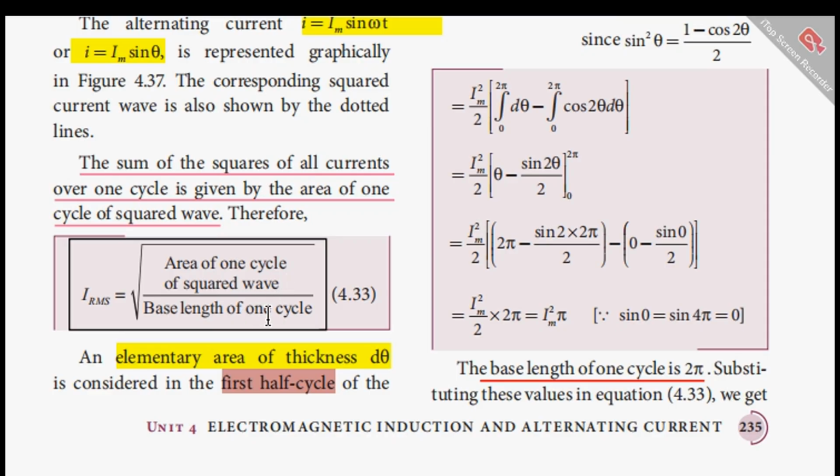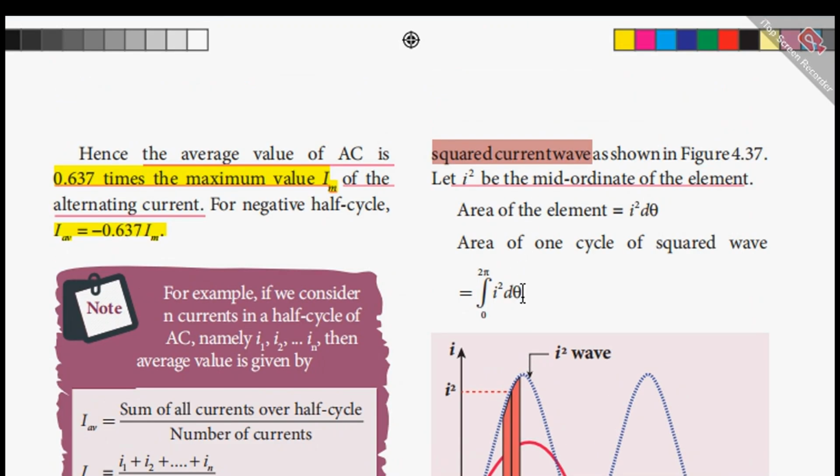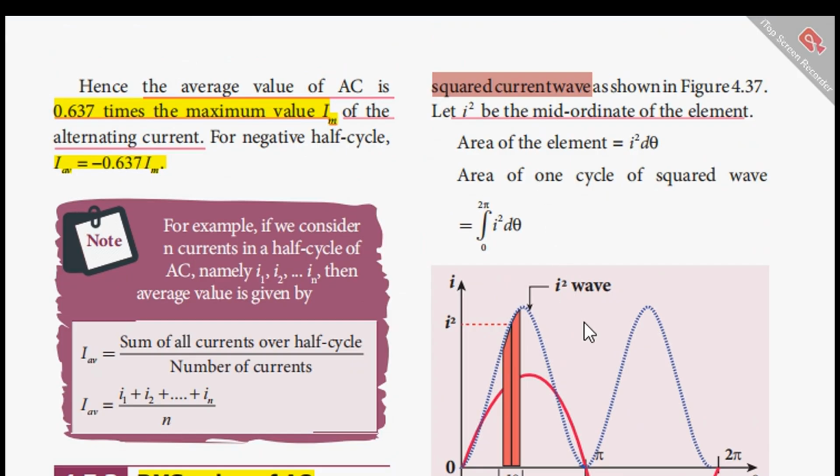So an elementary area of thickness dθ is considered in this first half cycle of the squared current wave, as shown in this figure. And let i squared be the mid-ordinate of the element, and the area of the element is given by i squared dθ. The area of one cycle of the squared wave is given by the integral from 0 to 2π of i squared dθ.